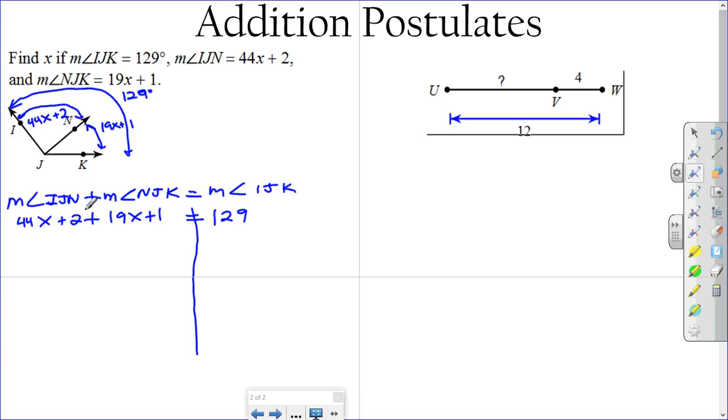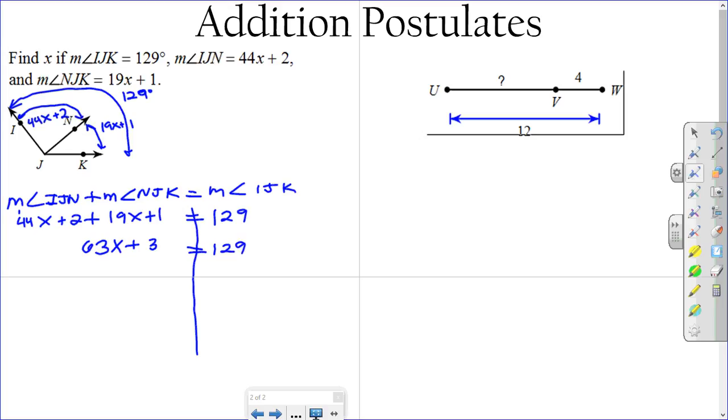So 44x plus 19x gives you 63x. Now let us combine the numbers. 2 plus 1 gives you 3, so this will be plus 3. On the right-hand side, I cannot combine anything because 129 is by itself.